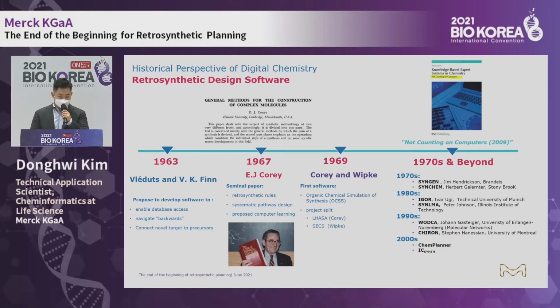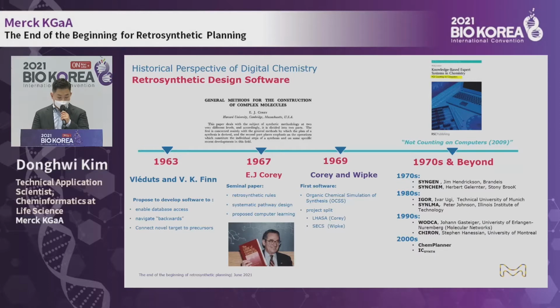From the 1970s to the early 2000s, many groups began pursuing the computer-assisted approach to retrosynthetic planning. However, no clear success was achieved. It was believed that better computing power was required to navigate the combinatorial explosion of possibilities, but that wasn't yet possible.